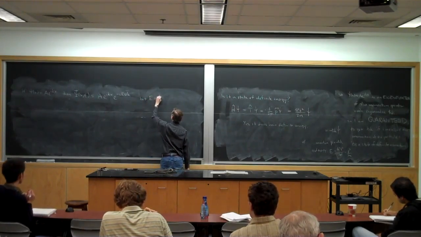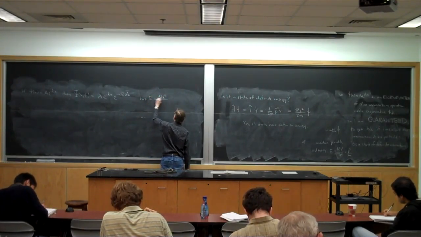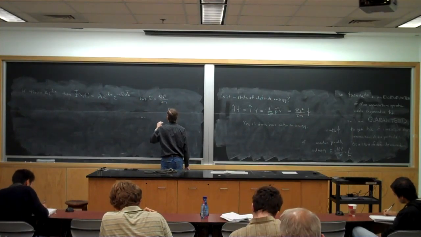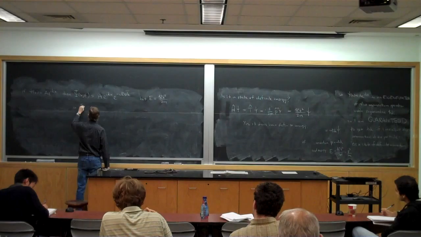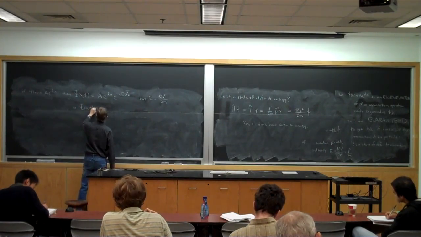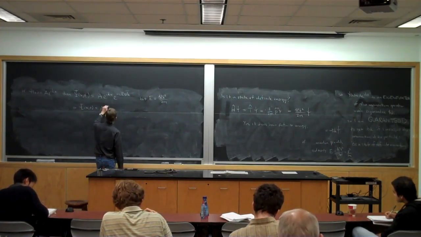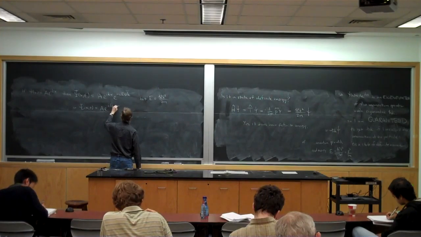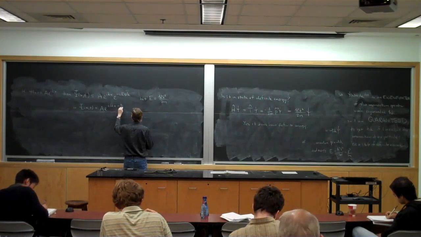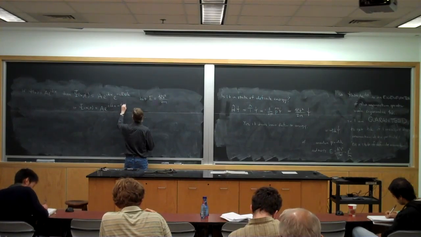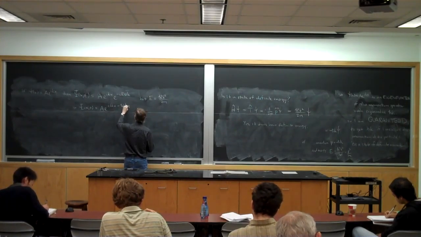But E here is h bar squared k squared over 2m. So the full time-dependent wave function here is A e to the i(kx minus h bar k squared over 2m t).